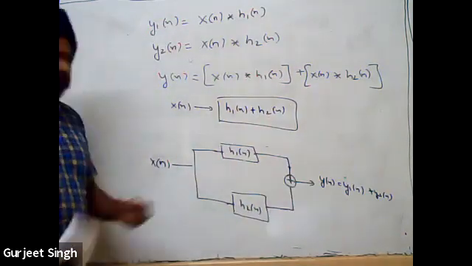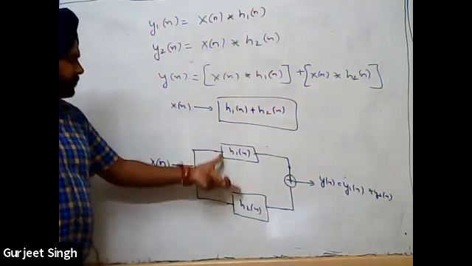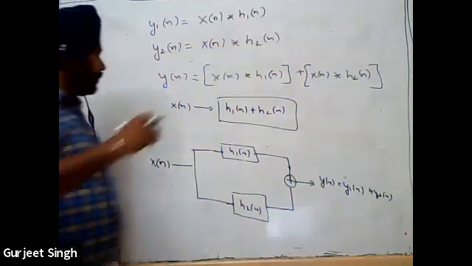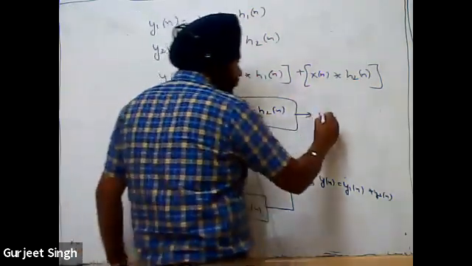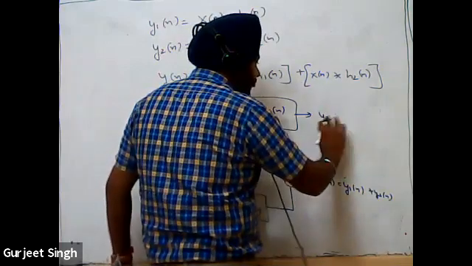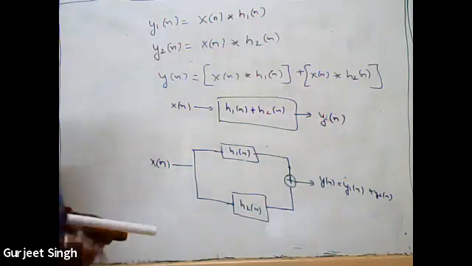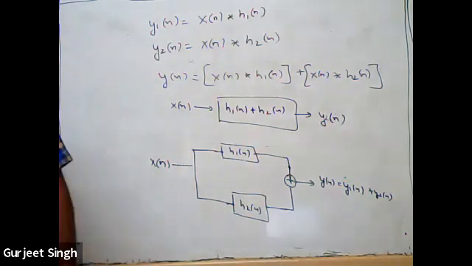By using this distributive property, this parallel system is replaced by the single system. So xn input is given to h1n and h2n, and its output is yn. These two systems are equal according to the distributive property.